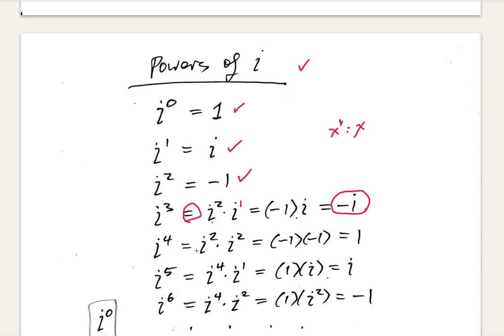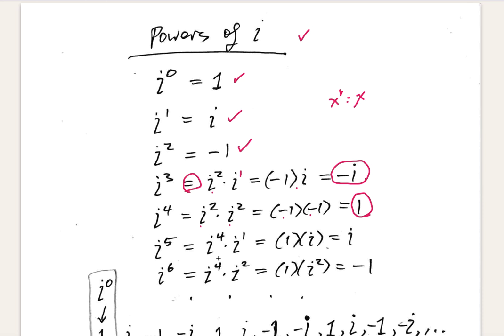i to the fourth, let's break it down this way. How about i squared times i squared? But you remember i squared is negative 1, so that's negative 1 times negative 1, which is positive 1. So i to the fourth is 1. i to the fifth, however, would be i to the fourth times i to the first. i to the fourth is 1, so it's just going to be exactly the same as i to the first power. i to the first power is, of course, what? i. i to the sixth, again, pick off that fourth power.